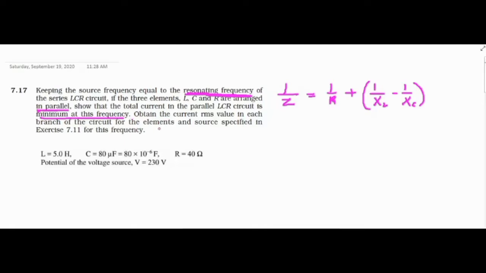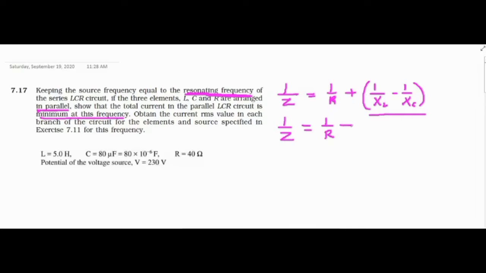So look at this formula. When XC is equal to XL, then the second term is not there. So 1 by Z is equal to 1 by R. 1 by Z is equal to 1 by R indicates that the term which we need to add with that is not there.